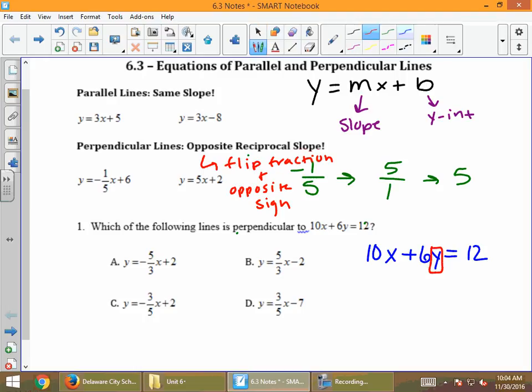How are we going to get the y by itself? Subtract 10x. Yeah, move the 10x over. The x is first in the equation, so I'm going to keep the x first. So I'm going to rewrite it as -10x plus 12. And then what do we have to do with the 6? Divide to get y by itself.